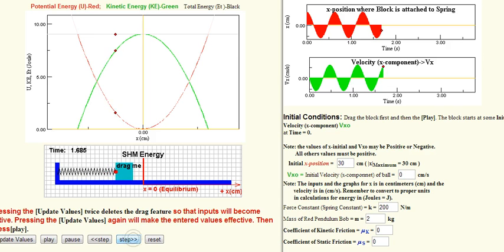Then when we get to x equals 0, close enough, we can see that the kinetic energy is at a maximum, and the potential is basically 0 because x is 0. So you can see over here the velocity is at a maximum. And then at the other end, finally, we have the same thing as at the left side, where the potential energy is greatest. So there's two maxima at plus A and minus A, and two places, therefore, where the kinetic is a minimum.